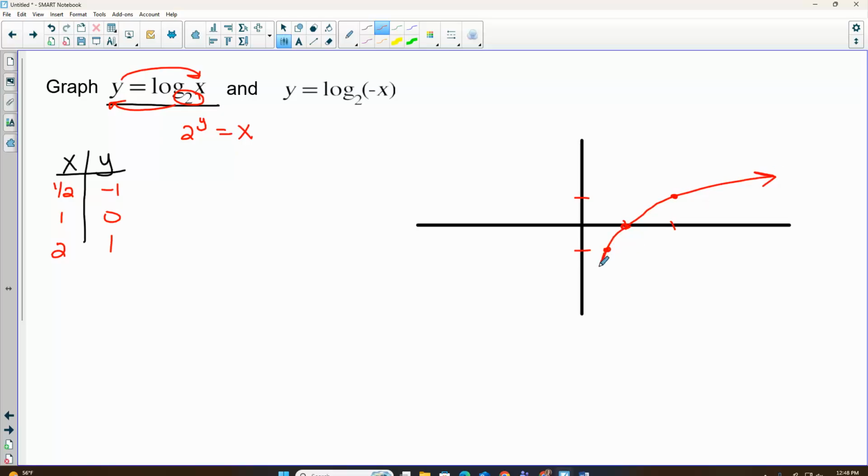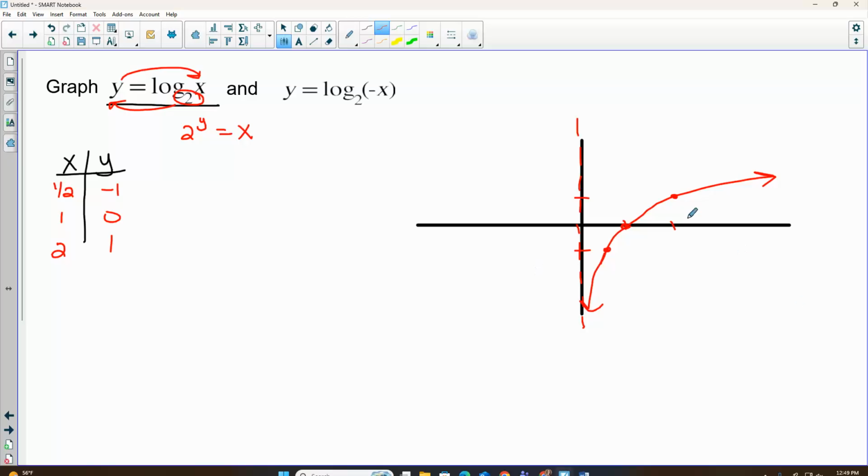Remember, logs always have a vertical asymptote. What kind of asymptote do exponentials have? Horizontal. So graphing an exponential is the same, except in those, the x is the exponent. So that's the one we'll plug in -1, 0, and 1 for.